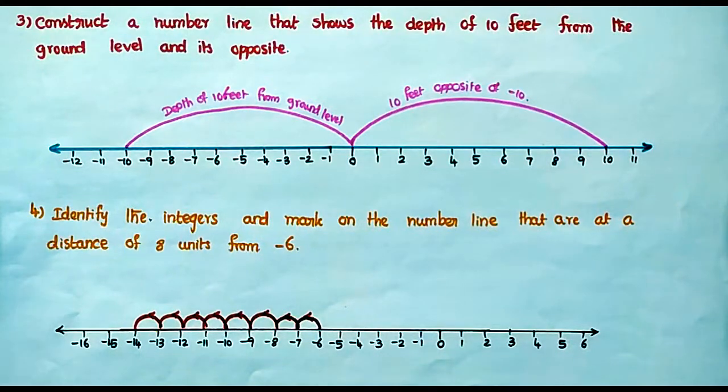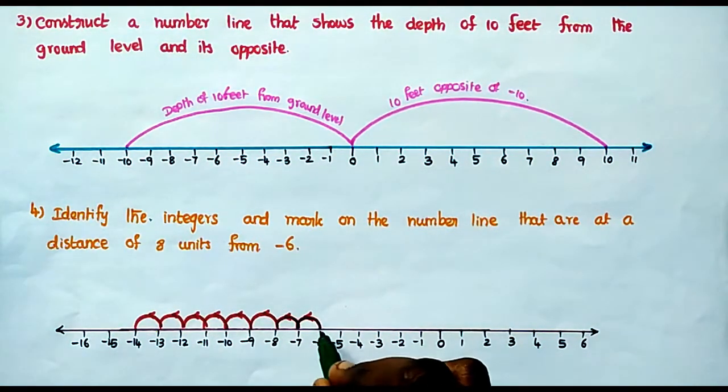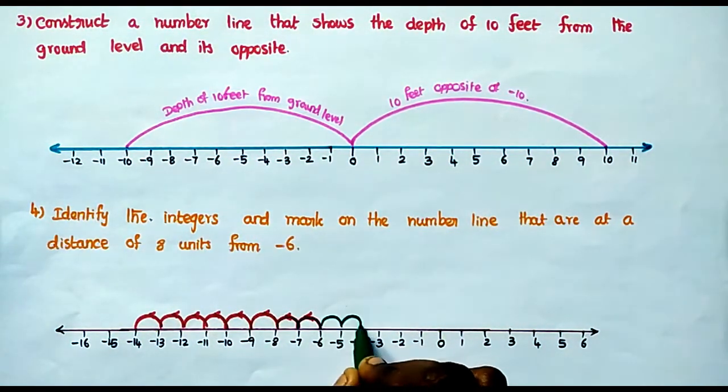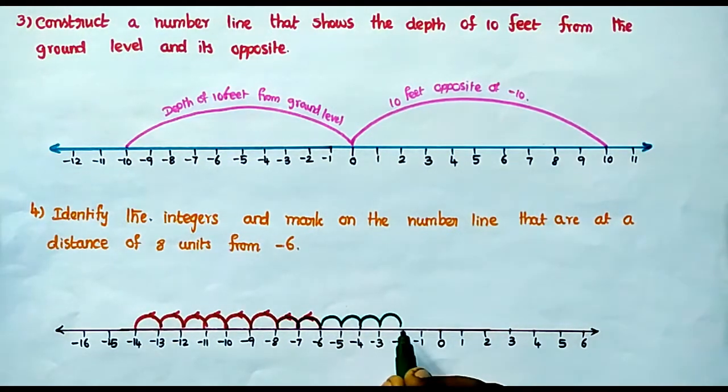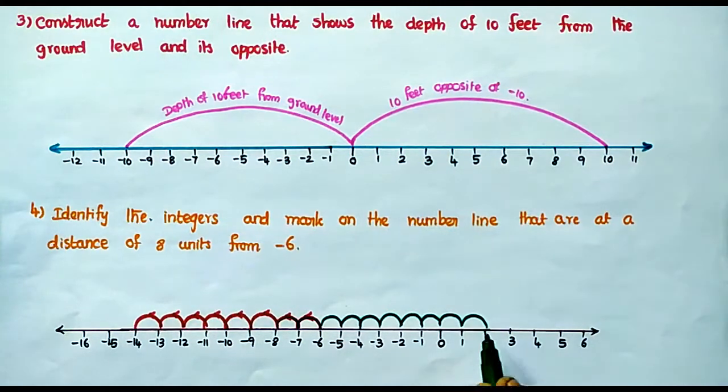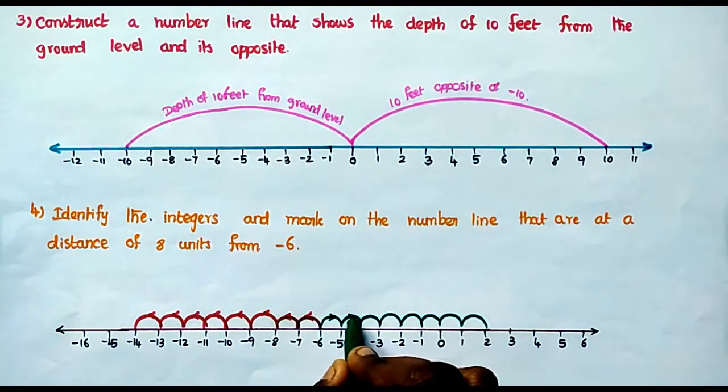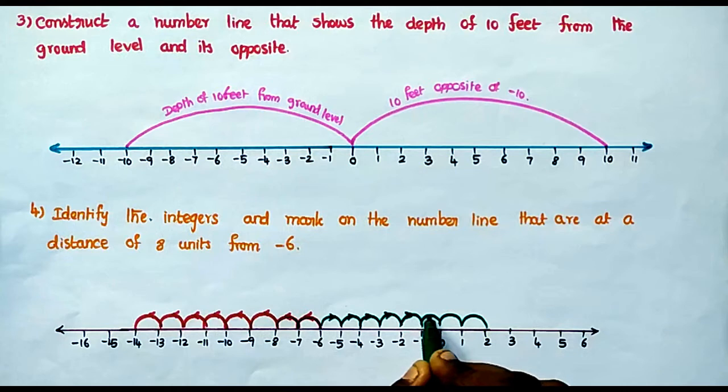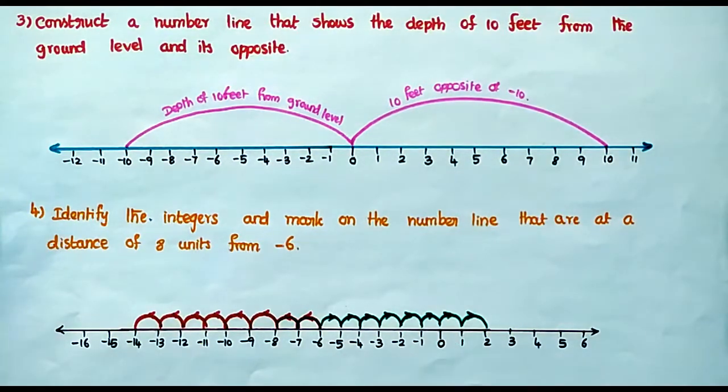Next one, right. Right side 8 units. 1, 2, 3, 4, 5, 6, 7, 8. That is 8 units right of -6.